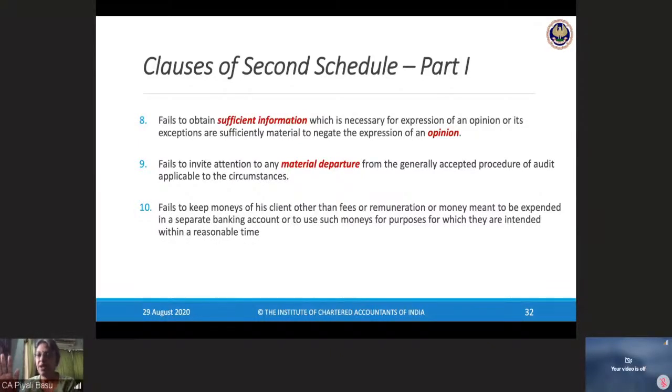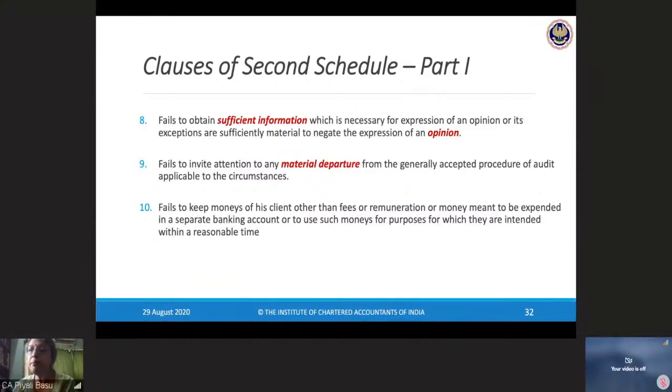Coming to Clause 9, here we have certain guidelines. The Institute has given us very strict guidelines on how to do an audit, which are based on international practices. The Institute is part of international accounting bodies, and we have adopted them into the Indian scenario, and in some places certain rules and procedures followed elsewhere are adopted for our audit.